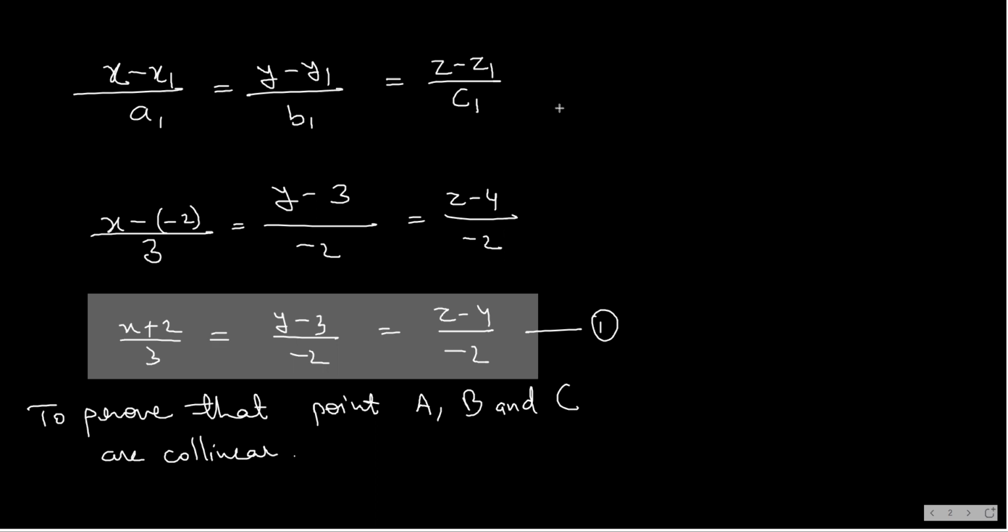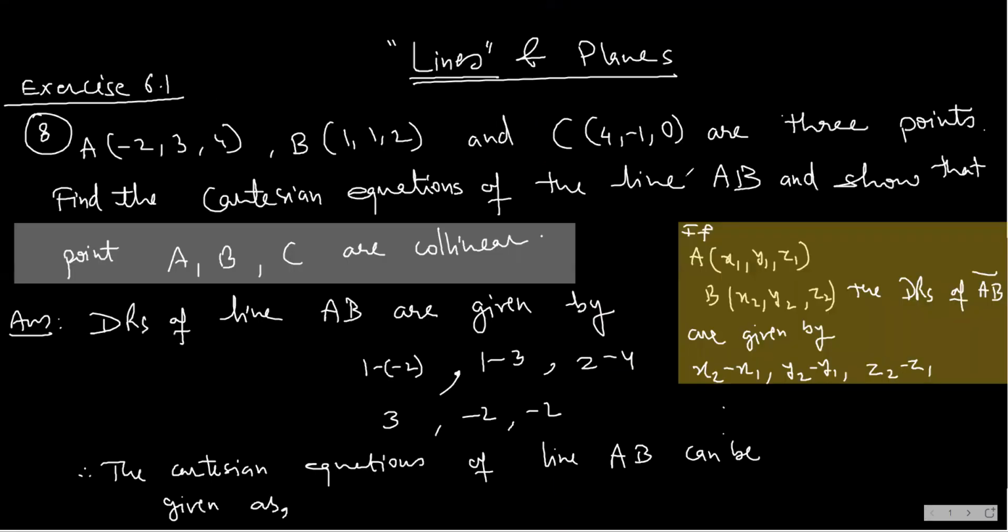What I will do is, see, the coordinates of point C are 4, minus 1, 0.